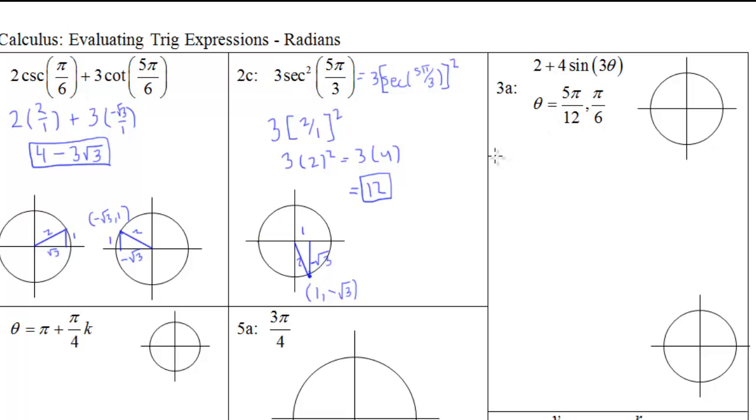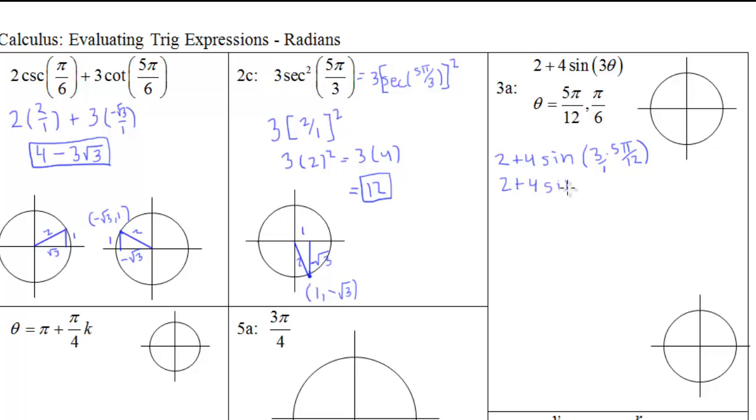So the first one, before I draw the angle, I want to substitute it in. So it's 3 times 5 pi over 12. That's 3 over 1. So order of operations, I need to do parentheses first, which is why I don't want to try and draw 5 pi over 12.